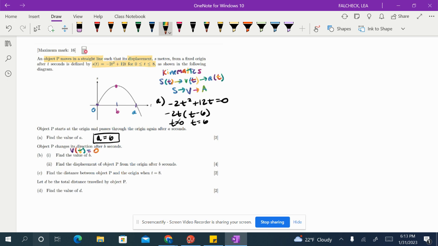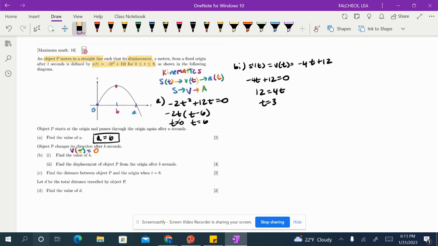So let's find the derivative. For B I, the derivative of the position function is negative 4t plus 12. We're going to set it equal to 0 and solve. So B is equal to 3.